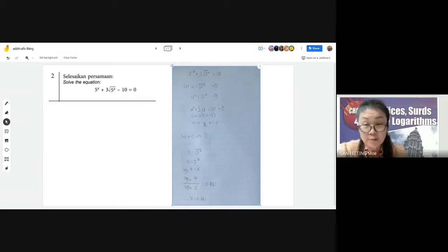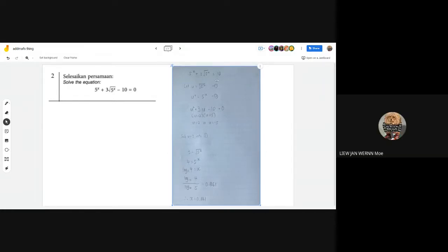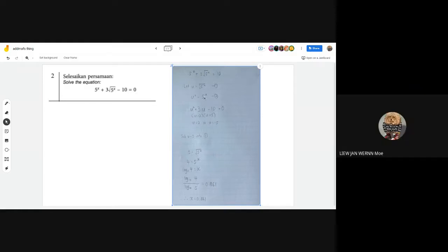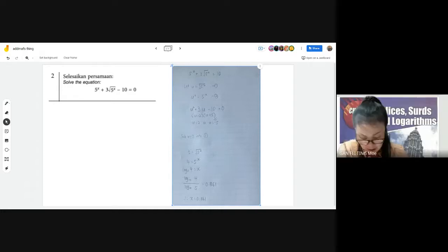From equation 1 to equation 2, what did you do? I just take square root of 5 power of x and make it into u. Then how do you get your second equation? I just take the square root and bring it over here, so I square both sides. Yes, from equation 1, you squared both sides.